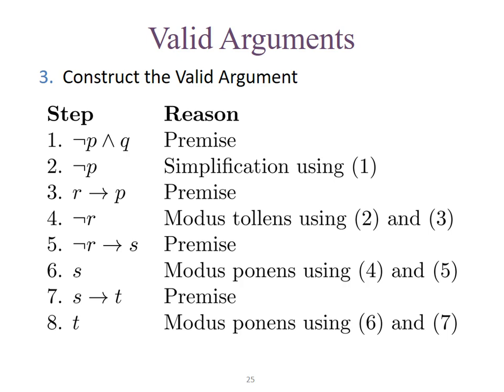Next, we introduce the third premise, not R then S, and we have not R. So we can apply modus ponens to indicate S is true. If S is true, then apply modus ponens again, and we can derive the conclusion T is true.